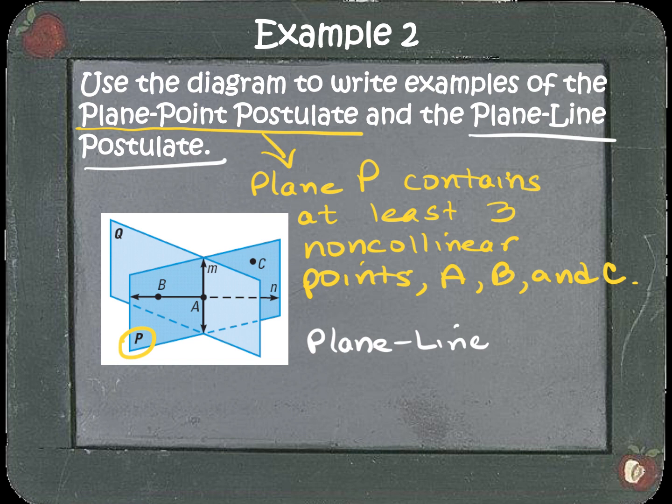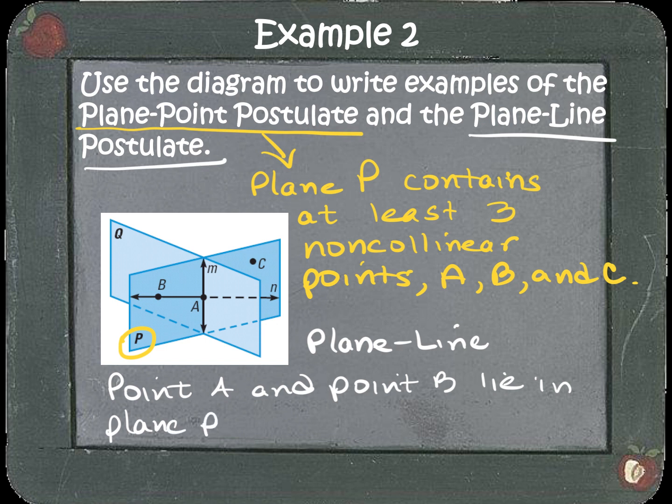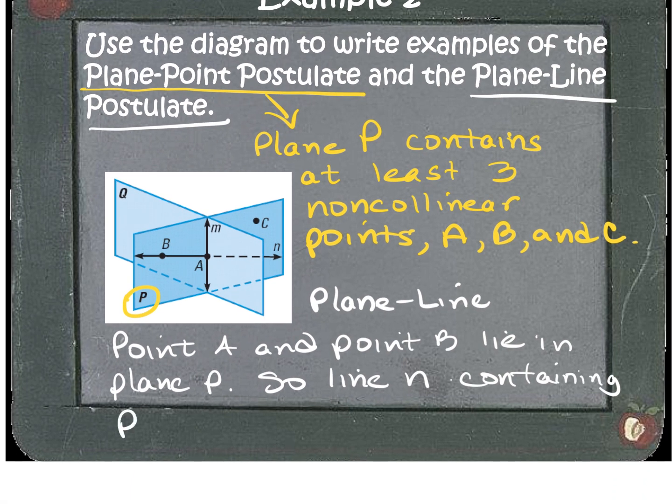So what I could state is that point A and point B lie in plane P. You could also say plane Q, but I'll say in plane P. So line N containing points A and B also lies in plane P.